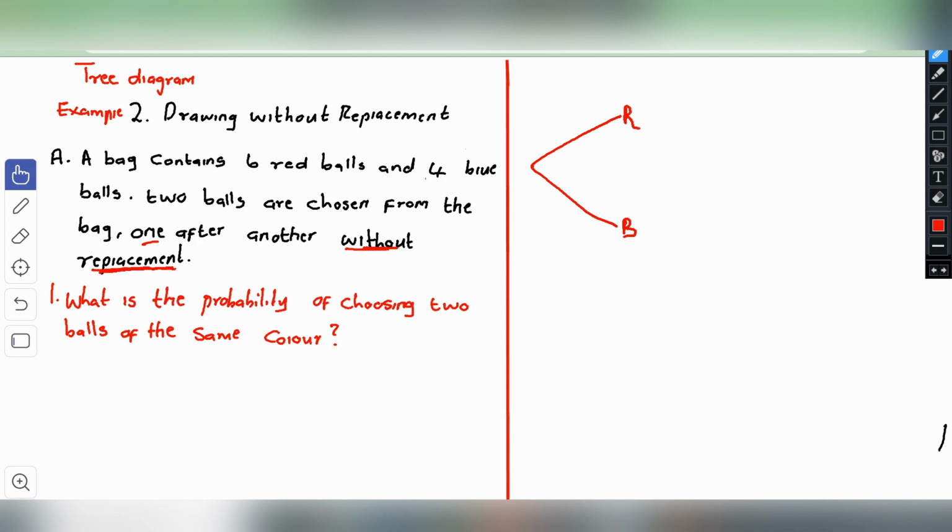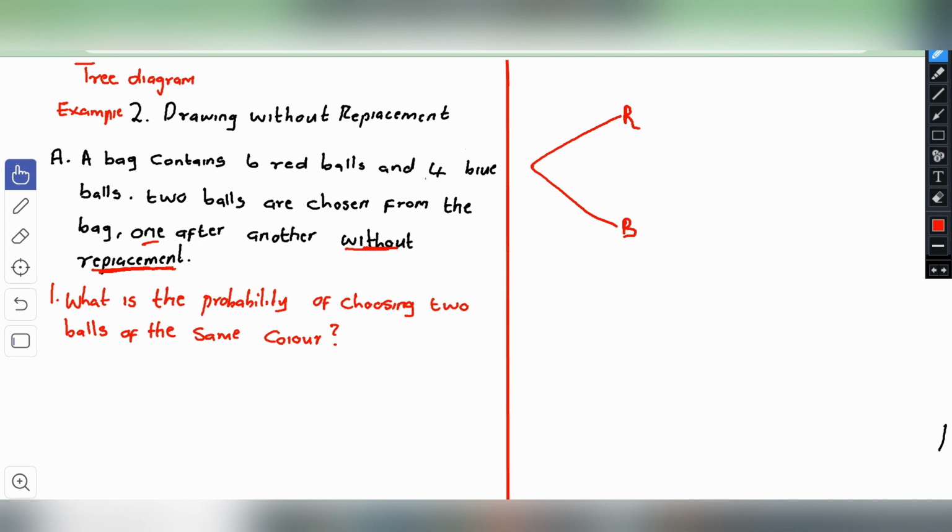Meaning after he chose the ball, he kept it to himself. He didn't replace that ball in the bag they were using, right? So the total number of the balls changes now. But before I confuse you, let's now solve this question.